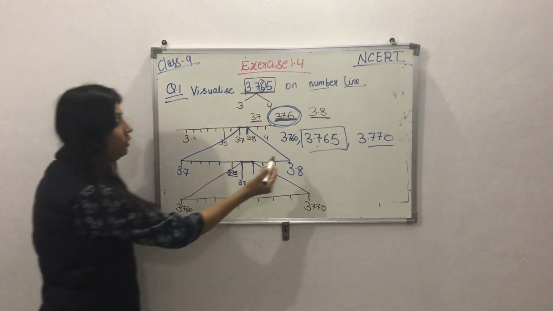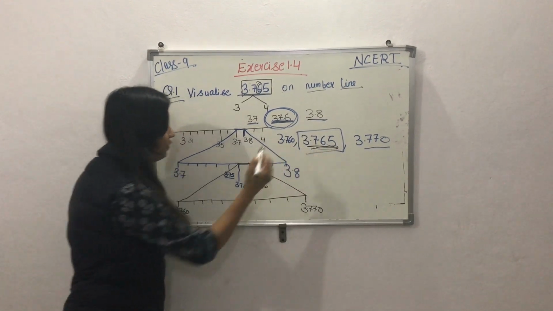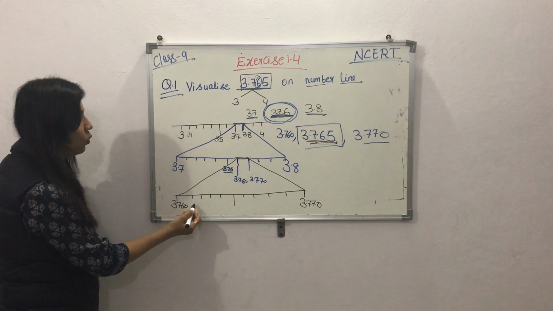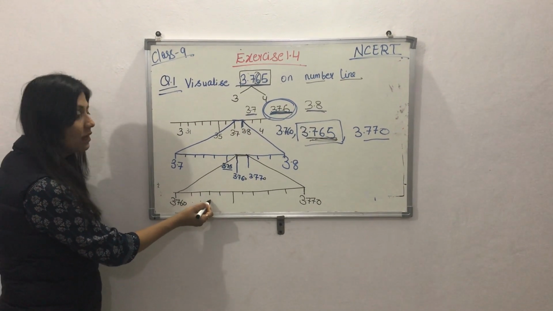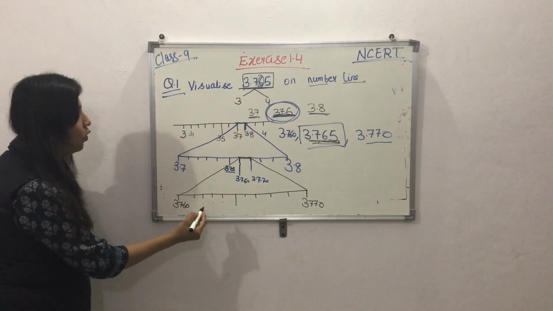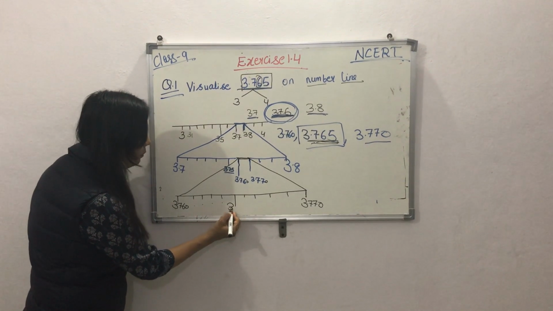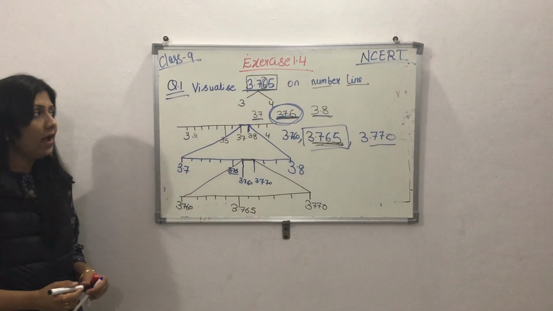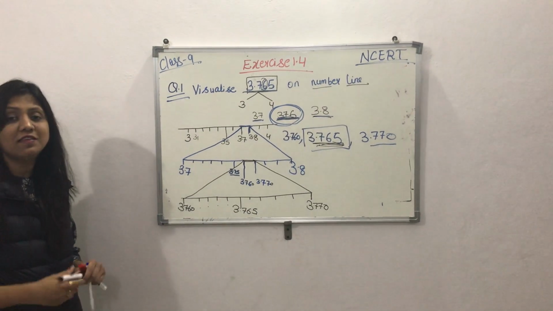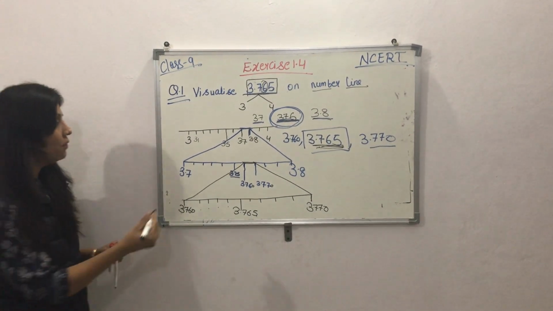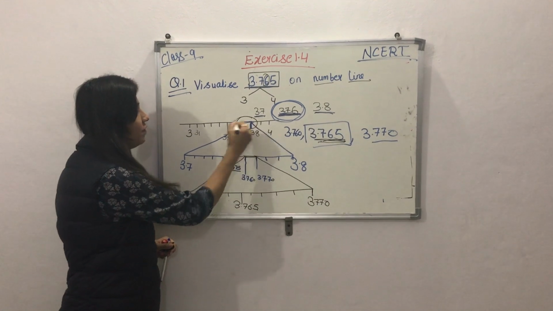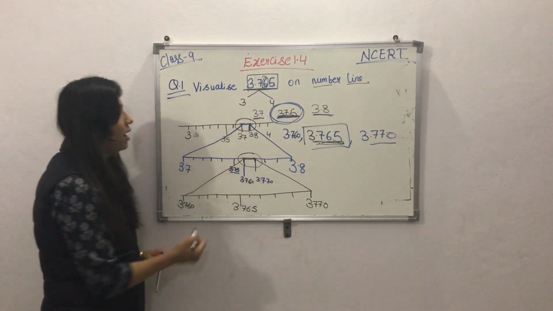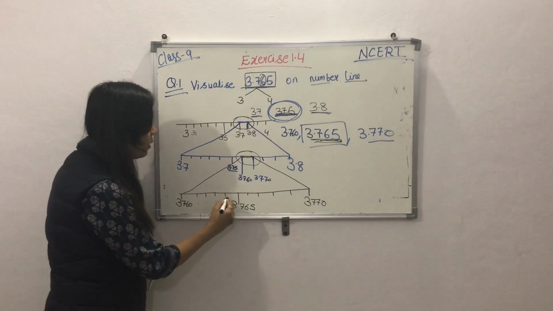I want 3.765. So this is 3.760, 761, 762, 763, 764 and this will be my 3.765. So why is this question called successive magnification? I am continuously magnifying. First I magnified this part, then I magnified this part to get 3.765.